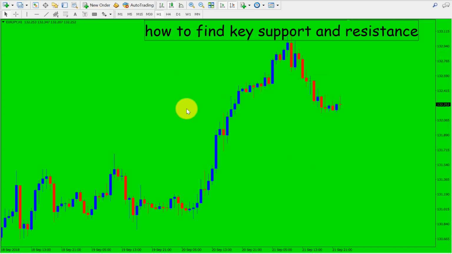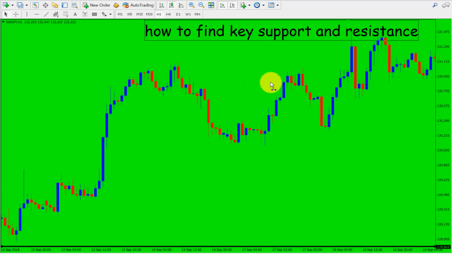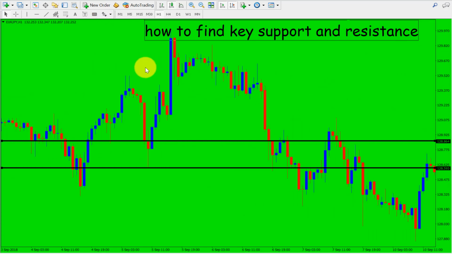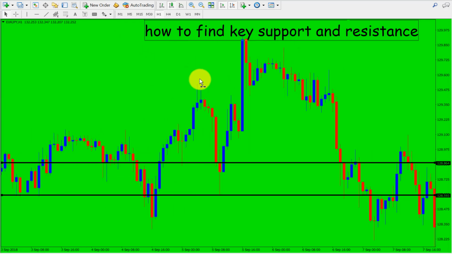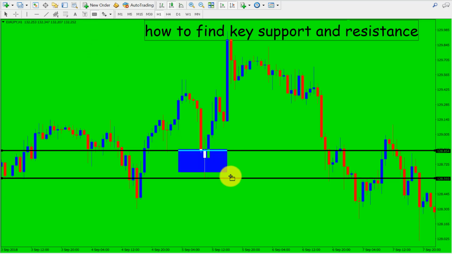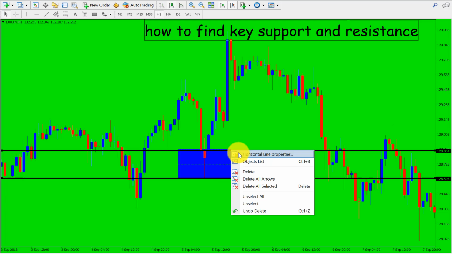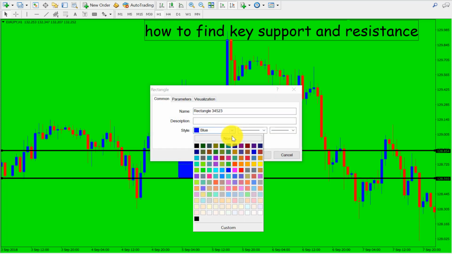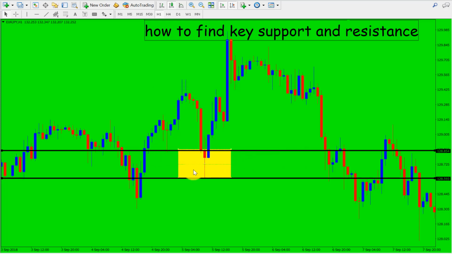Okay, if we mark this zone, then we can easily see that this is our support zone, because price came here and moved from here to here at upside. So this is our support zone.